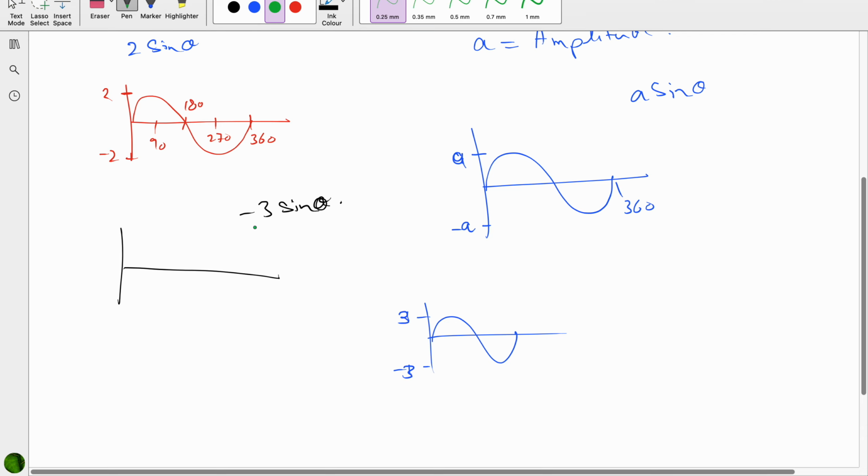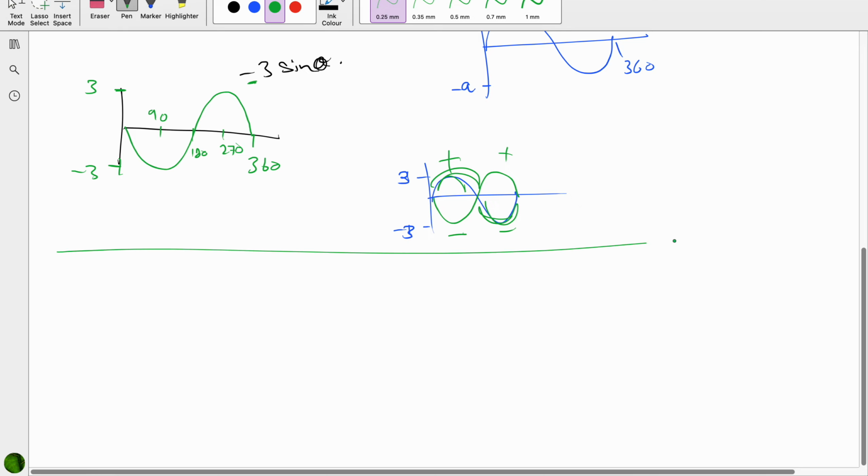When it is negative, the graph reflects in the x-axis. All those values which were positive now become negative, and all those which were negative now become positive. Maximum value still stays 3 and minimum -3, and it still ends at 360, with 90, 180, and 270.